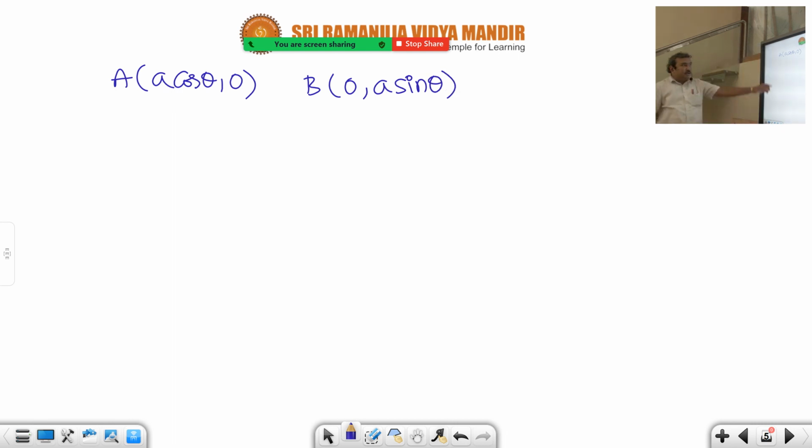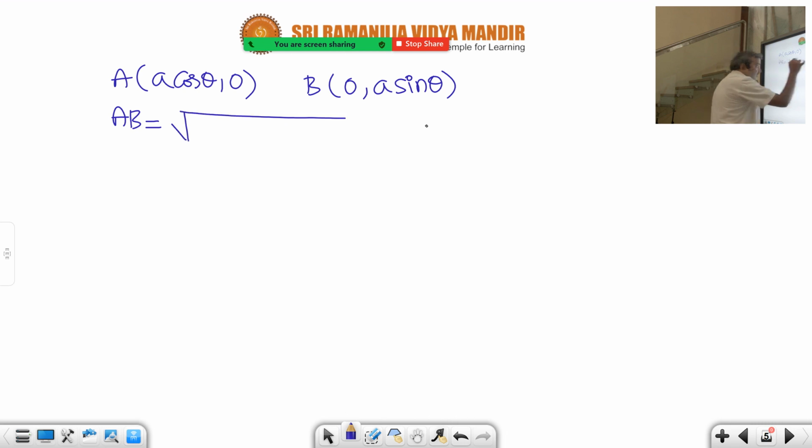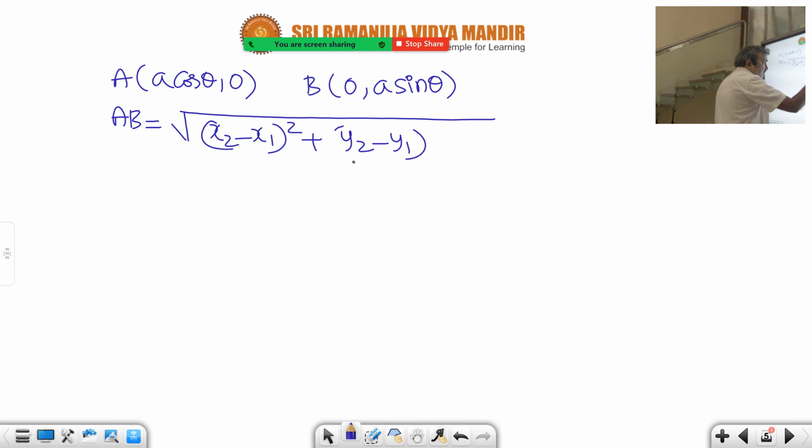And after that you have to calculate that the length of AB is constant. How? AB distance you have to calculate: full square root of x2 minus x1 whole square, correct? And y2 minus y1 whole square.